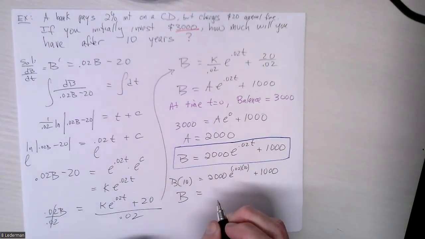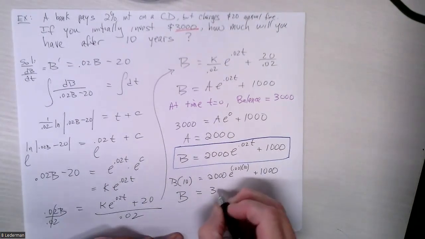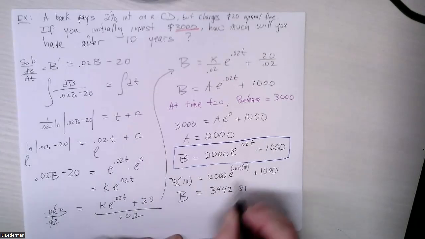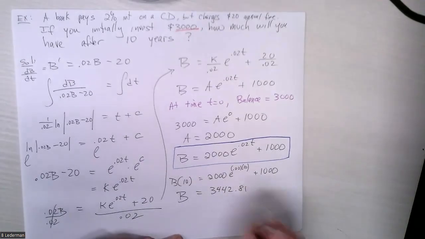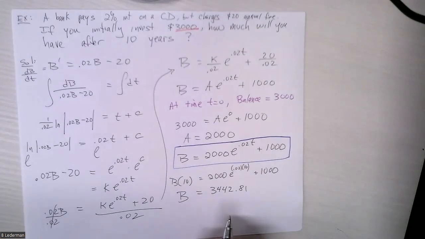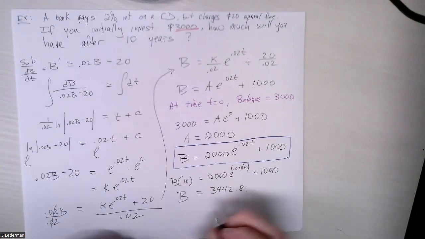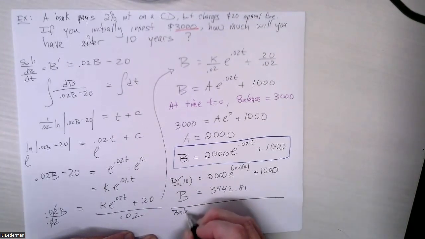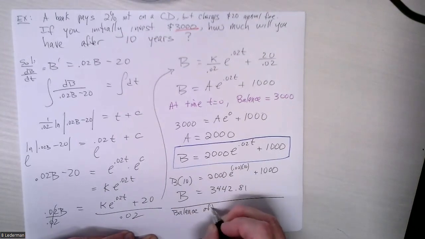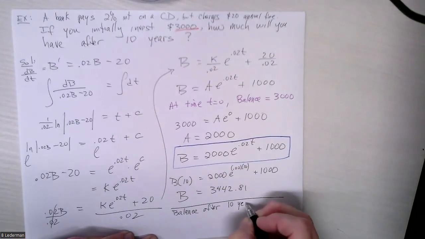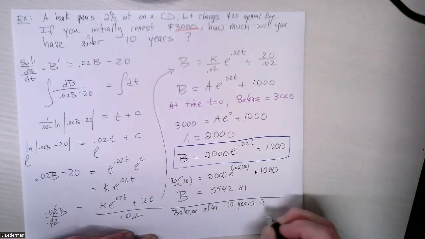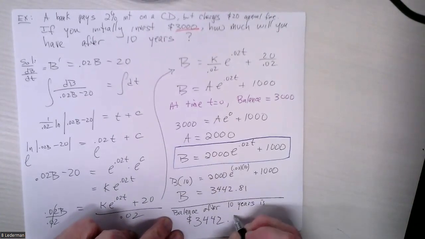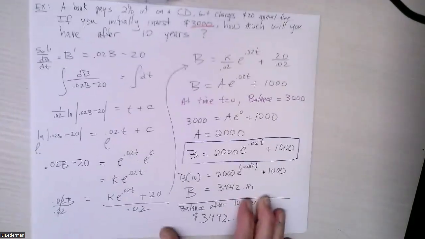B after 10 years is going to equal 3,442.81. And how did I get that? Just plug that into a calculator. And that's your answer. So, to write it as a sentence, the balance after 10 years is $3,442.81.